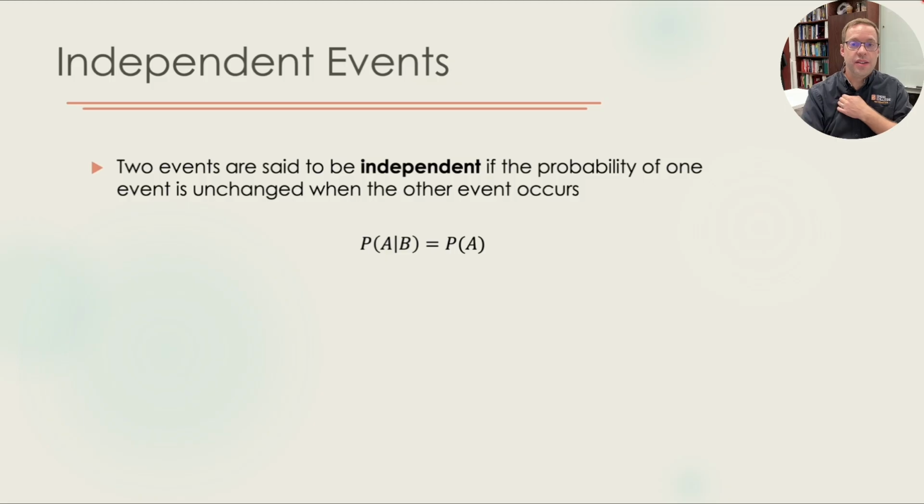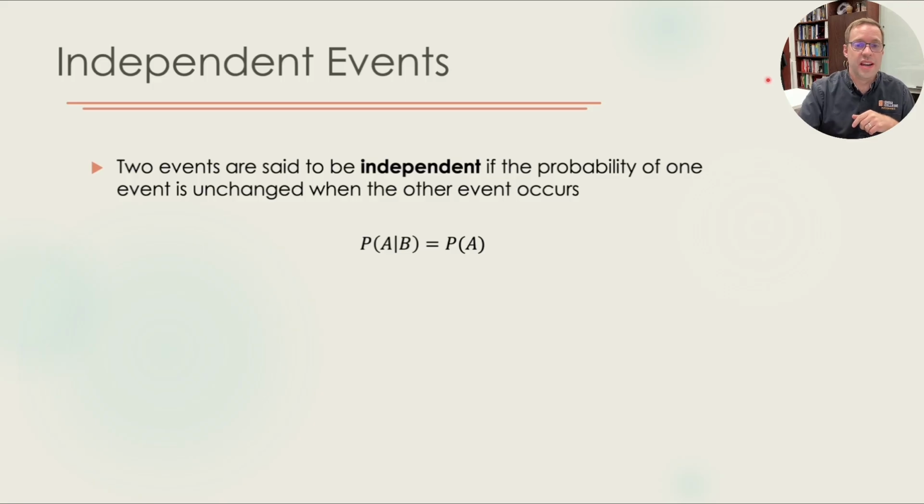All right. So the easiest way to find out if two events are independent is looking at these two probabilities. What's the probability of A given B? If that is the same as the probability of A, whether B happened or not, then they are independent.